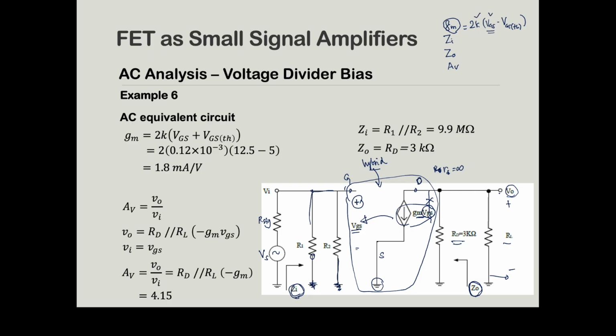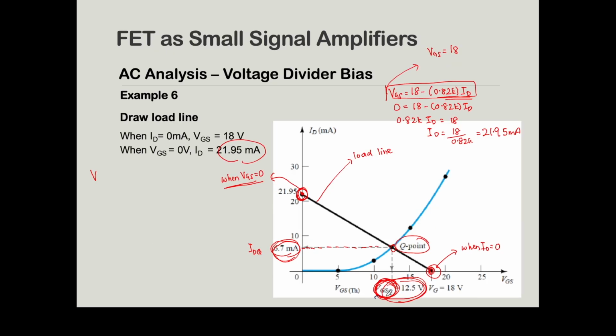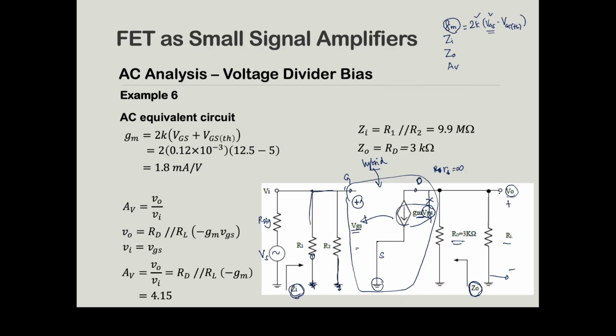The VGS that we need to use is based on your DC analysis that you determined earlier, which is VGSQ, 12.5. So put it as 12.5. VGS-TH is 5 volts. You put them inside this equation, and this is supposed to be minus. We will get 1.8 milliampere per volt.